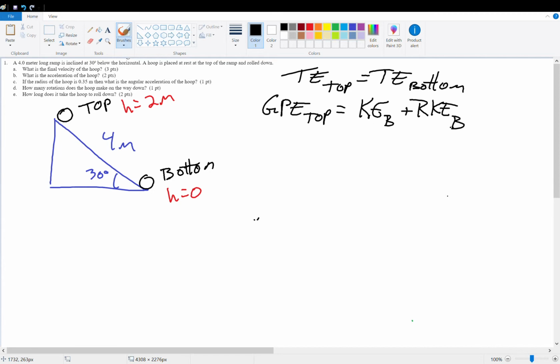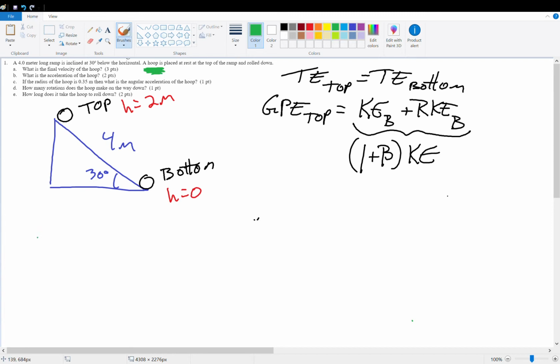Now, this is huge. Remember, when you've got an object that is rolling, we can replace the combined kinetic energy and rotational kinetic energy with 1 plus beta times the kinetic energy. So what is beta? Beta is determined by the shape of your object, and for us, our shape is a hoop.